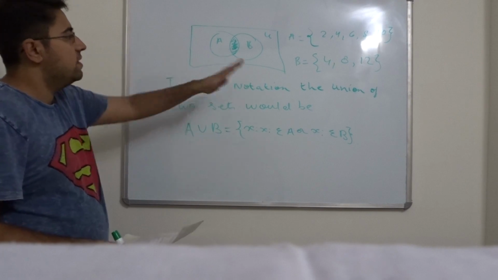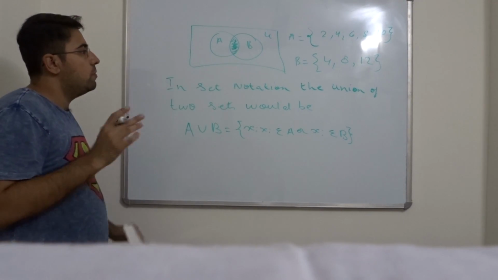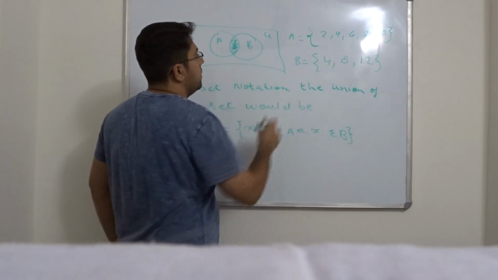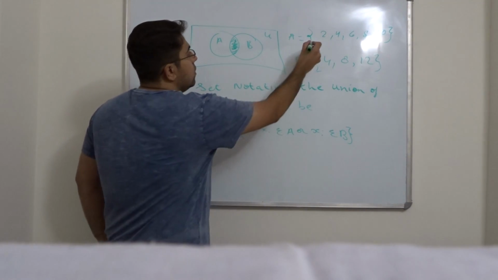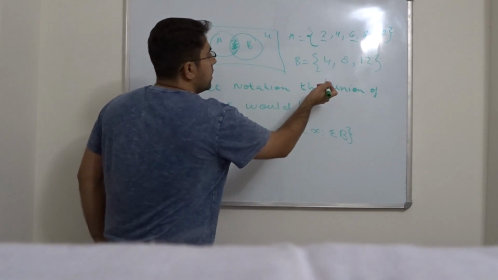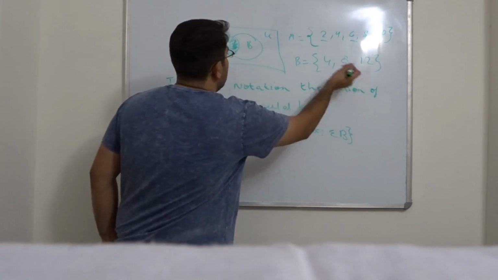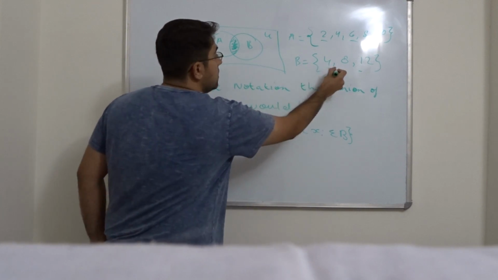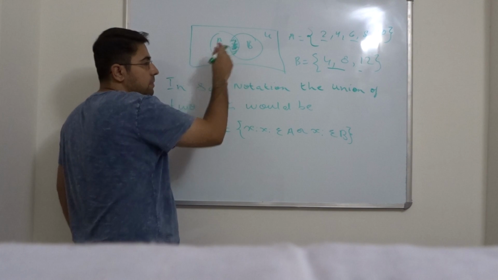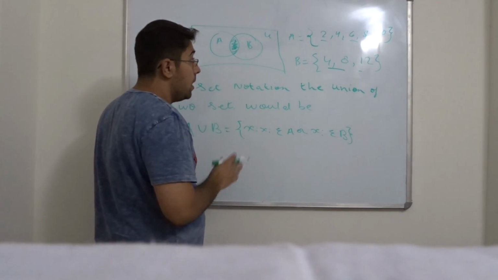What are the common elements of A and B? You're obviously going to say 4 and 8, right? So 2, 6 and 10 will go in A, then 12 will go in B, and because these two are common, 4 and 8, they will be exactly in the middle.